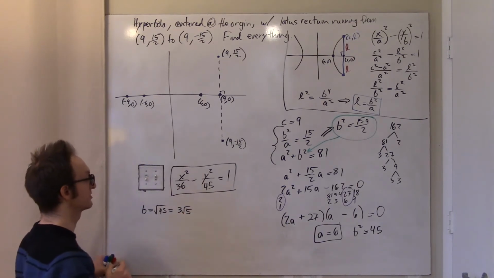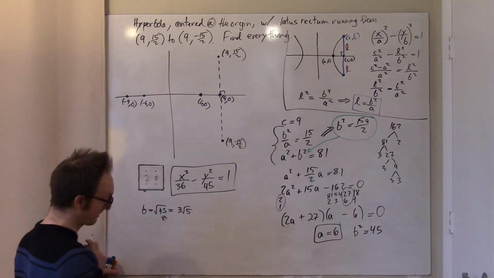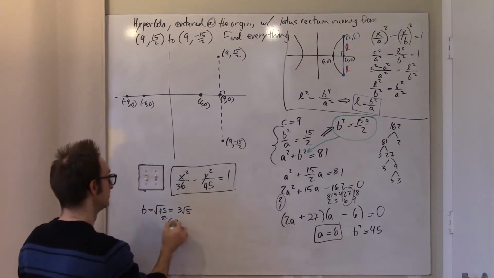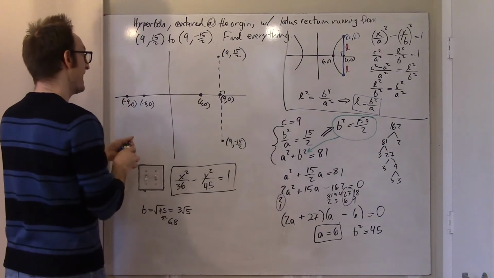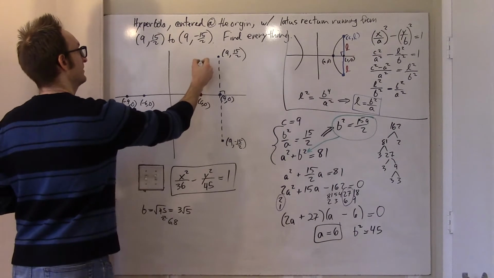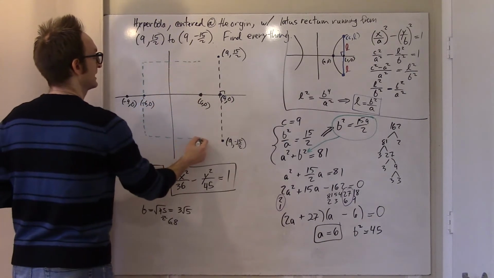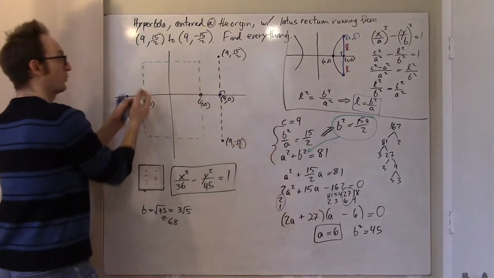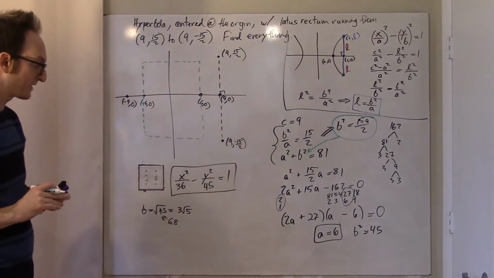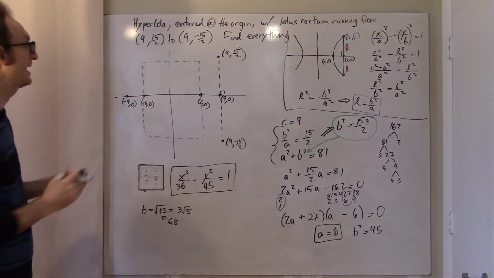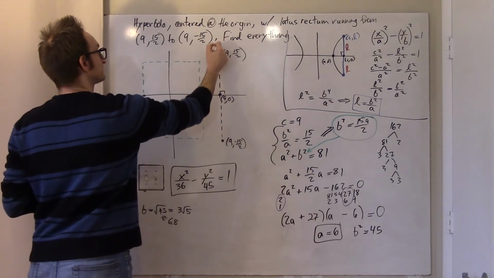But more to the point, root 45 is approximately a little bit less than 7. Let's call it 6.8. So in this case, the happy box is going to be up here like this. The width of the happy box is 12. The height of the happy box is 6 root 5. So anyway, the point of this is that I can draw my asymptotes.